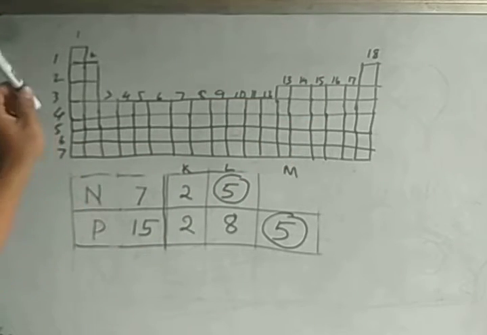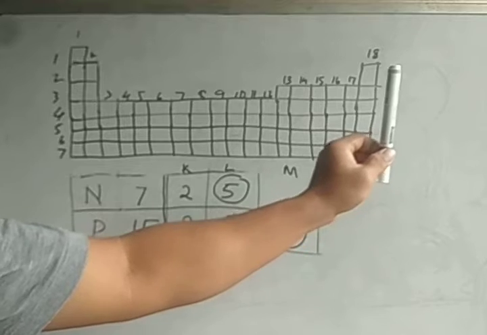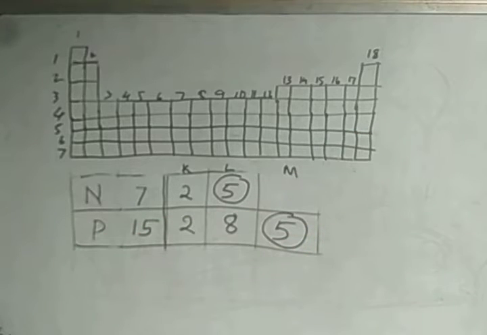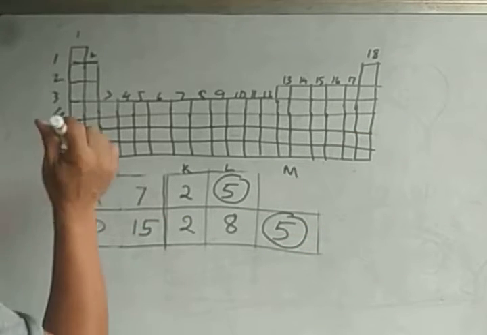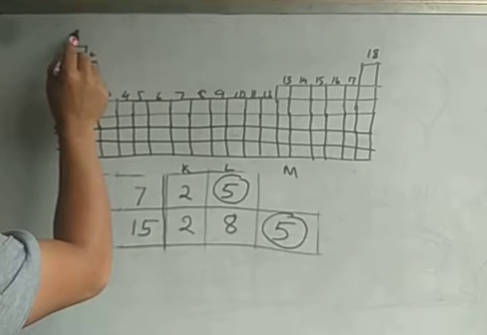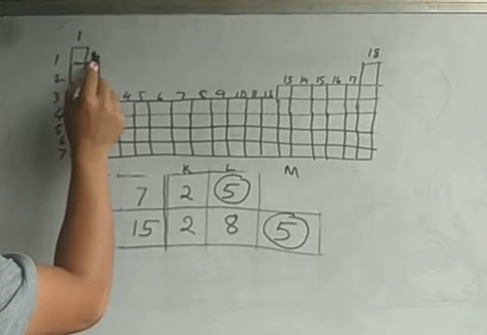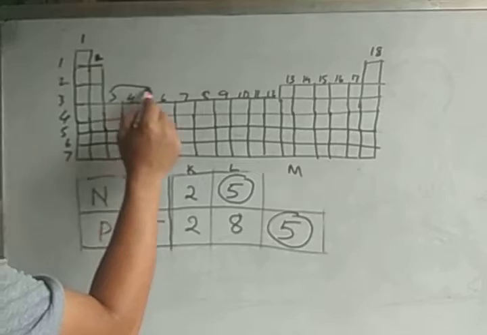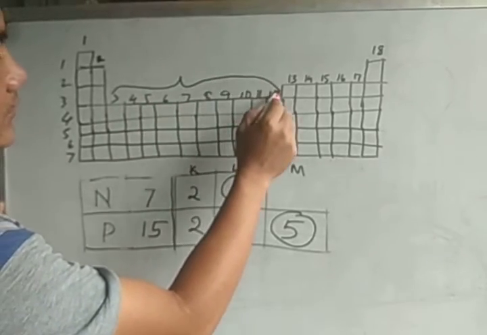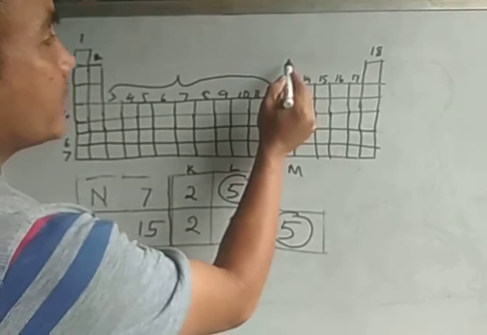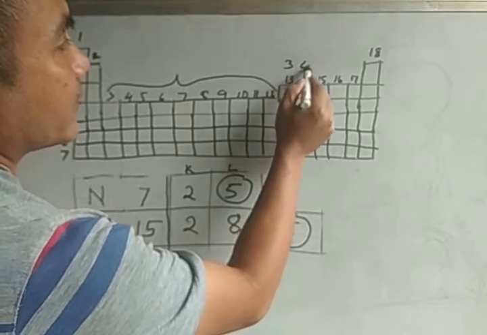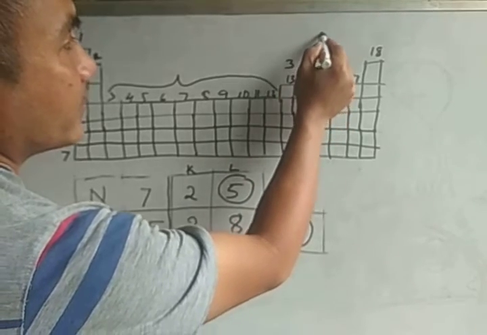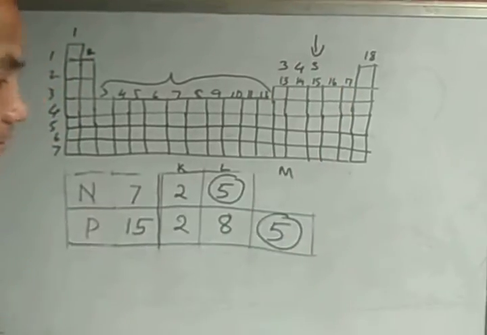On moving from left to right, the valency increases. That means here this is the 1 valency group, this is the 2 valency group, and this portion we will not study, as I already told you. And this will be the 3 valency group, 4 valency group and 5 valency group. Exactly here, our destination.